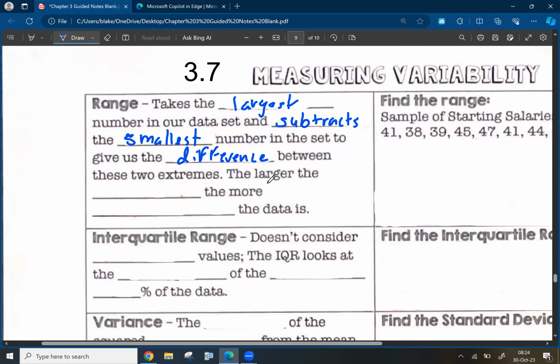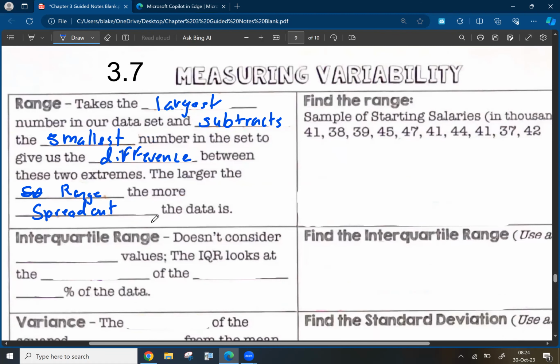The larger the range, the more spread out the data is. That's true for all these values. The larger the IQR, the larger the variance, the larger the standard deviation, the more spread out it is. So the larger the quantity, the more spread out the data is, the more variability it has.